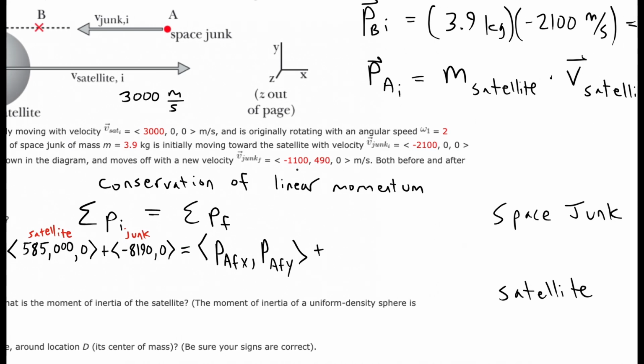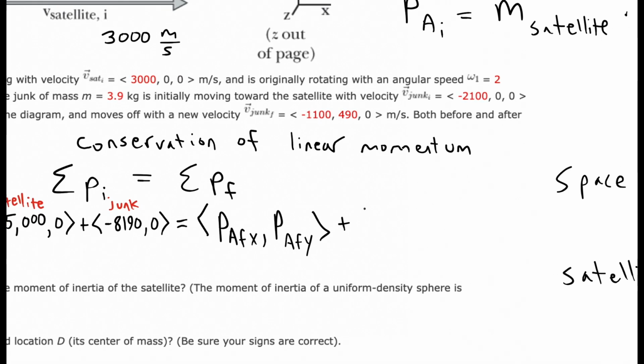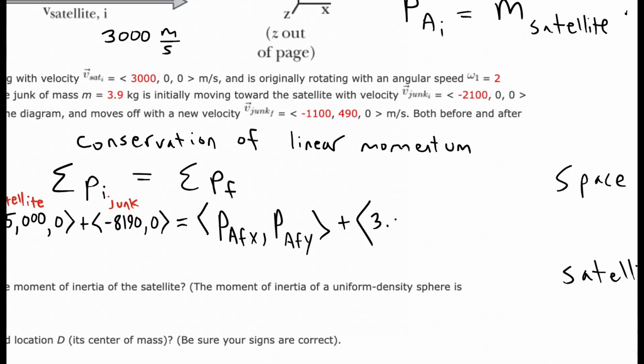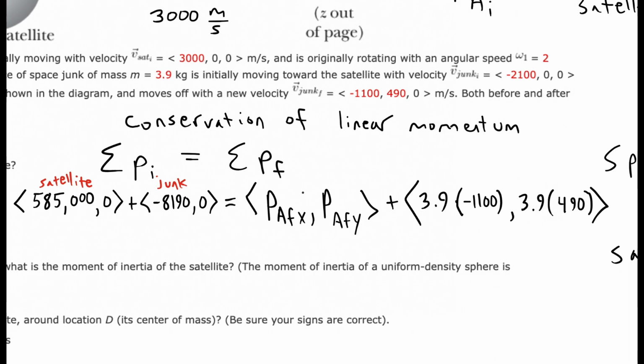Let's multiply the junk's mass times his velocity. His mass was 3.9 kilograms, so I'm just going to multiply the 3.9 times his velocity components. That kind of approach will allow you to solve for the final components of momentum, right?